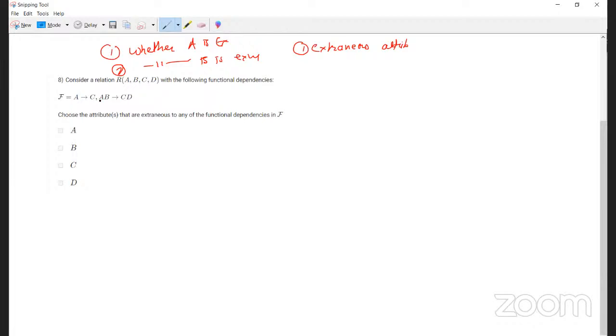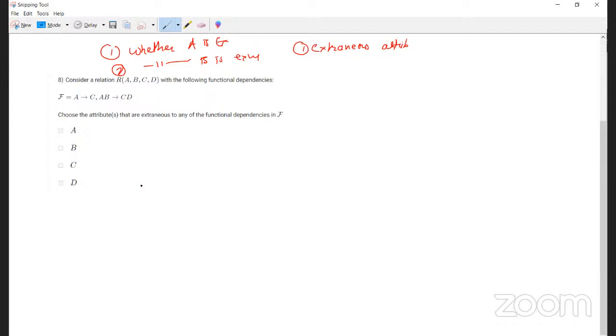All the values on the left side, A to C and AB, you have to make unique. If it is decomposed, make it a union, right? So you're talking about the algorithm. What is the confusion in that?